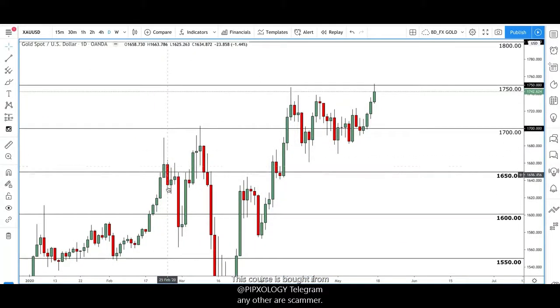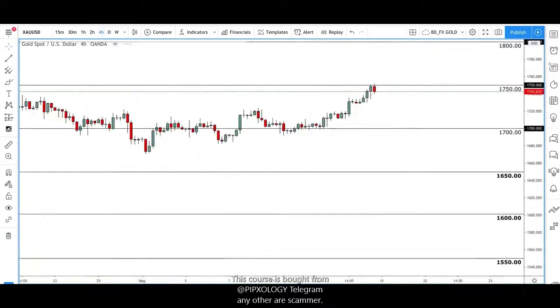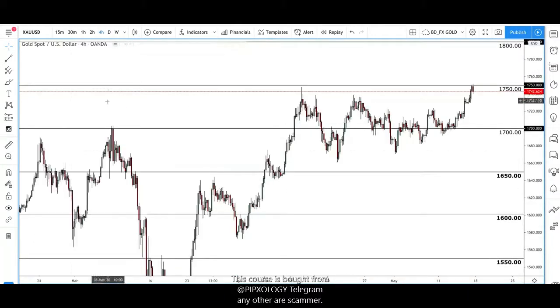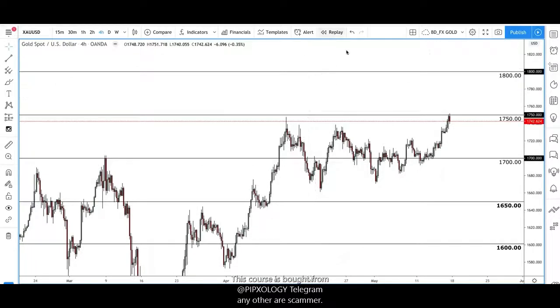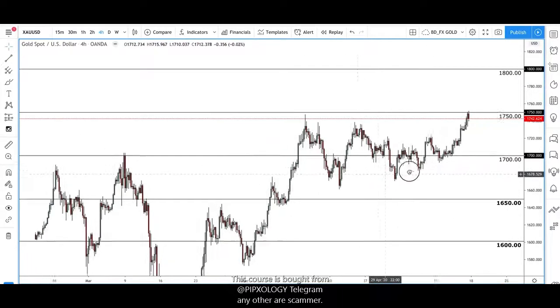Here we've had a daily bearish engulfing. Then we'll drop down to the 4 hour, so you can see we took out these, so we've had a double top here. Just looking at price action here and here, when we pushed up, this looked like it had broken above this high. It looked like it could go on up to the 1800s and 2000s, which you see a lot of people spouting about.